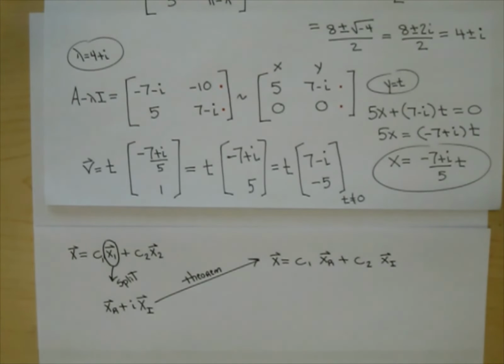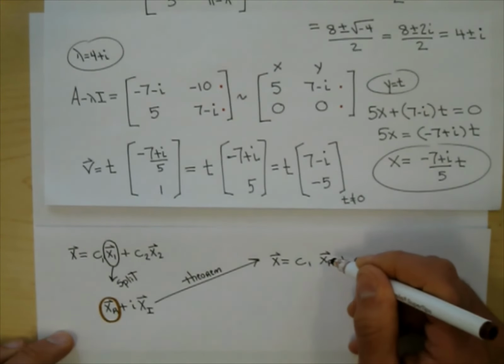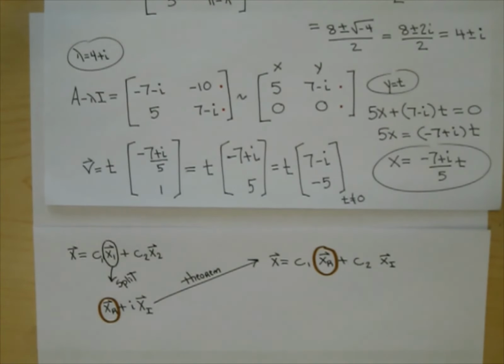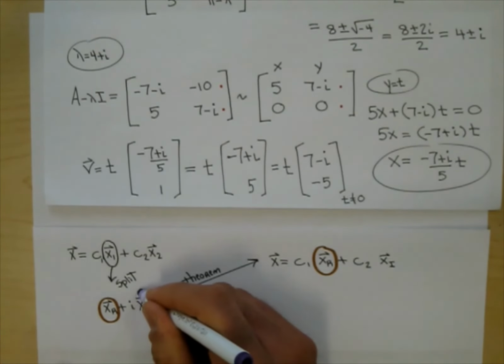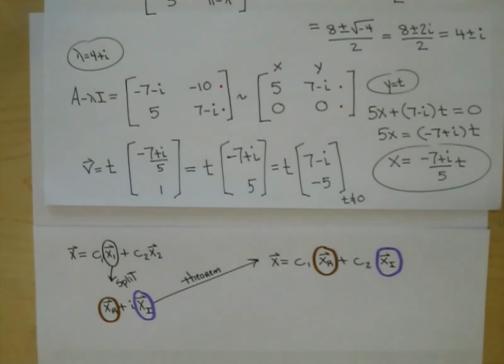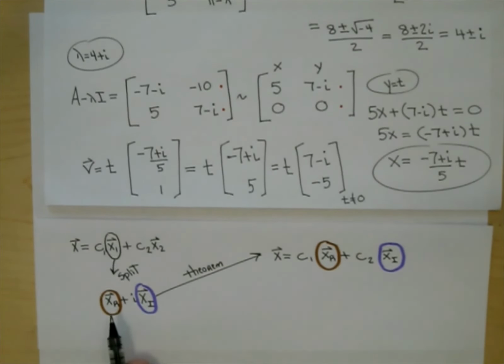And I'm going to color code things a little. XR bar, circle that in brown, and XI bar, we'll circle that in purple. So really all we have to do is break X1 bar into the real part plus I times the imaginary part.